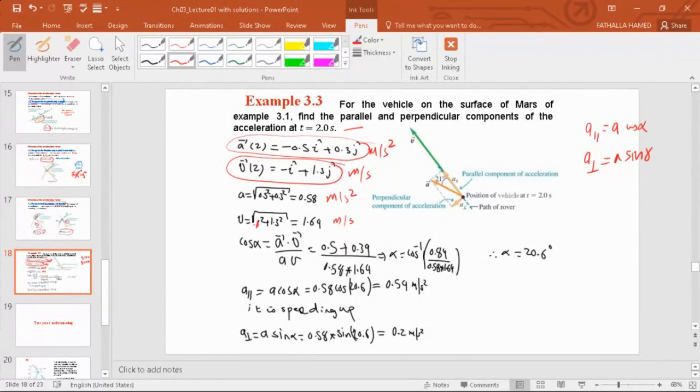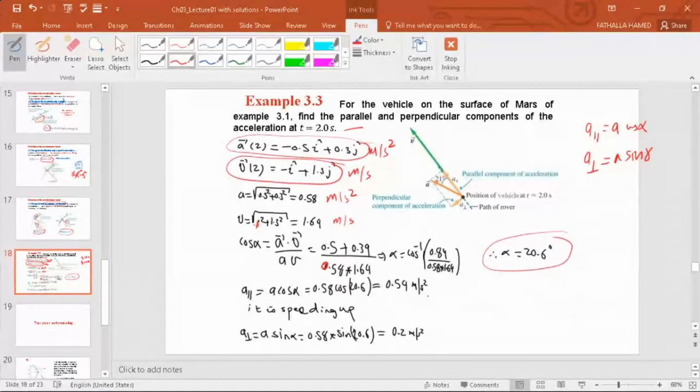And then you look at your A multiplied by V, which is 0.58 times 1.69. That will basically give you alpha, which is the cosine inverse of 0.89 over 0.58 times 1.69, and it gives you alpha equal to 20.6 degrees between the velocity and the acceleration.